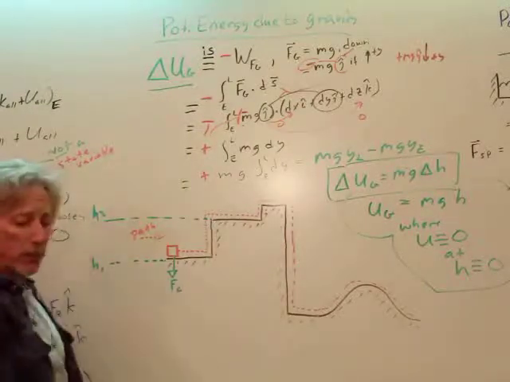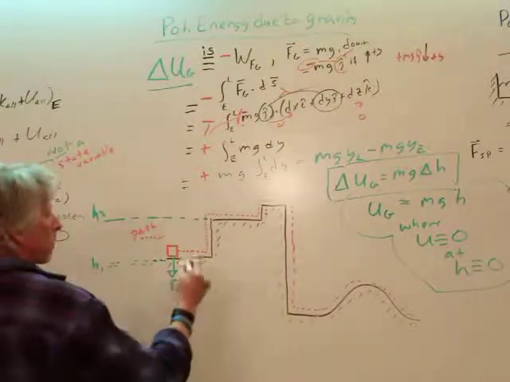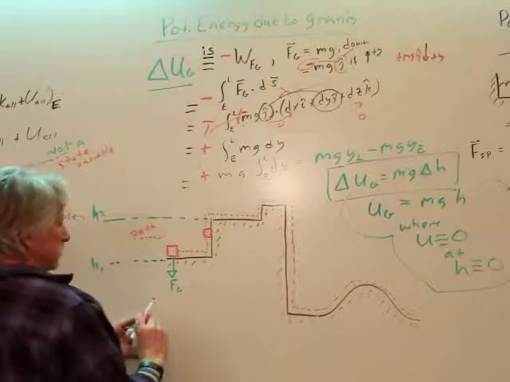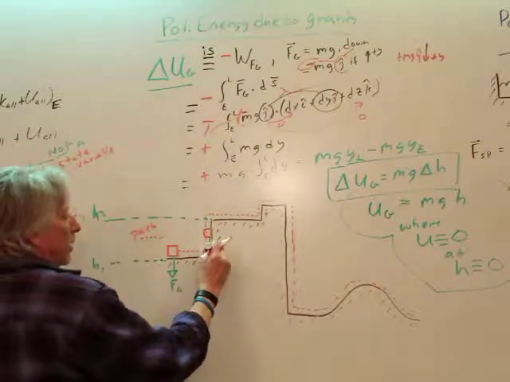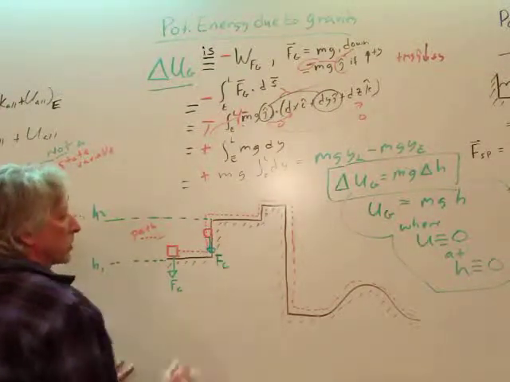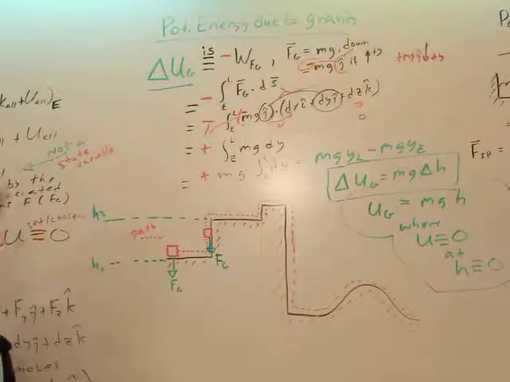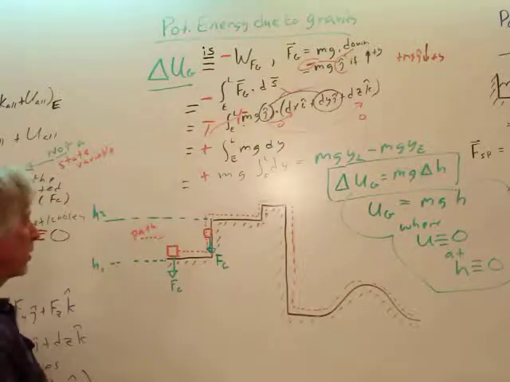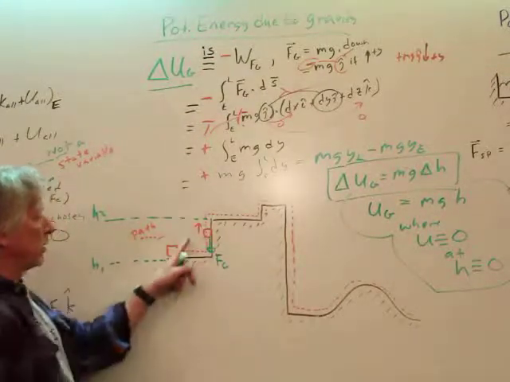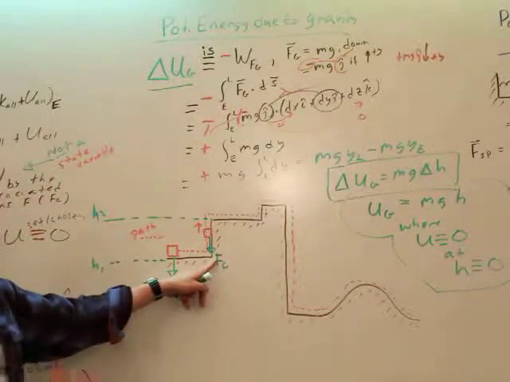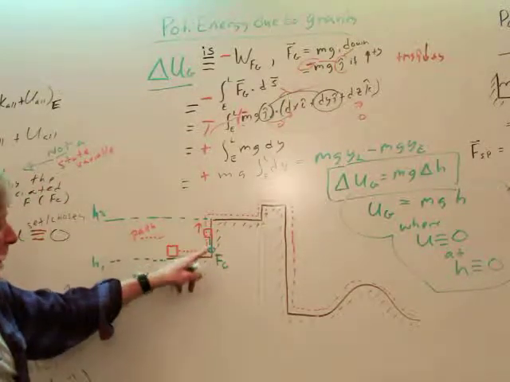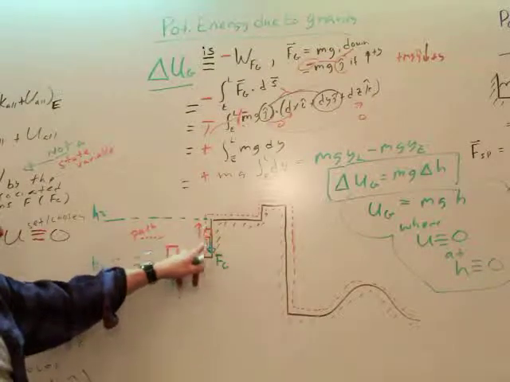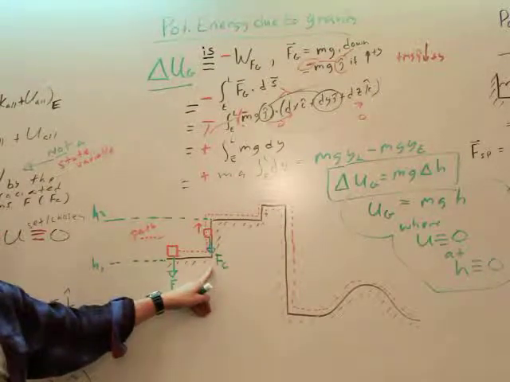Now, as I go up here, and someone's lifting it, whatever, I'm not worrying about all the other forces. As far as gravity is concerned, you're moving up, and therefore gravity is trying to slow you down. Doesn't mean it can't speed up from some other force, but gravity is trying to slow you down. So there's a negative work done by gravity.